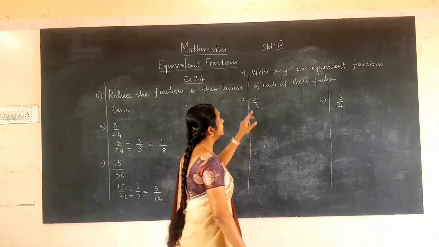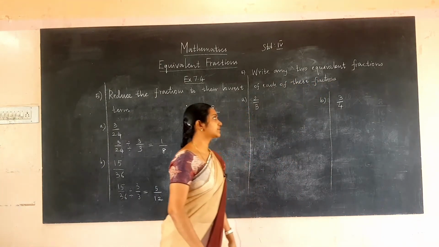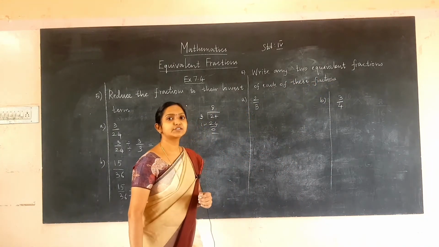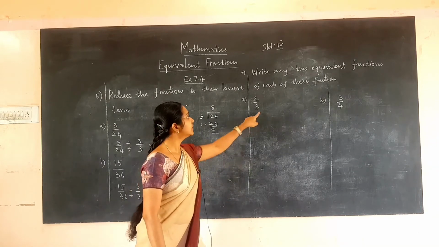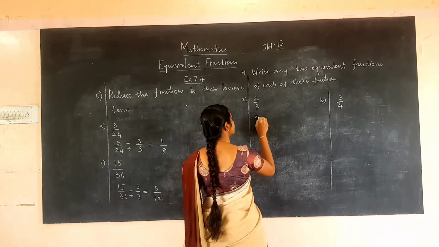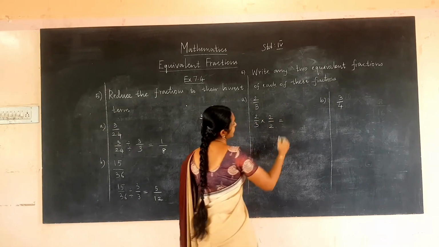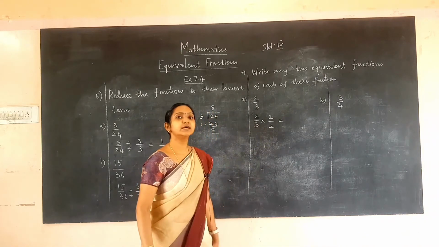Next, write any two equivalent fractions of each of these fractions. To find the equivalent fraction, we have to multiply the numerator and denominator by a same number. So first let us multiply 2 by 3 by 2 by 2. We can multiply it with any number.